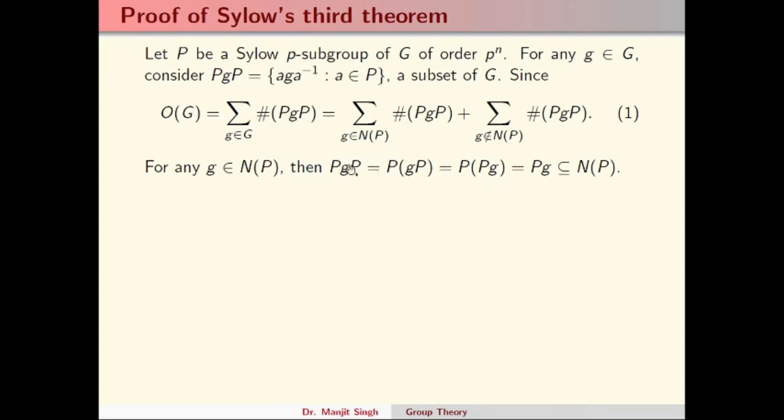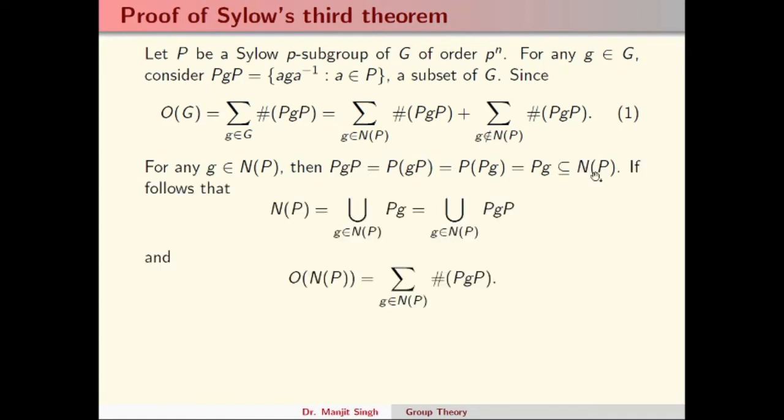It follows that, as we know P is a subgroup of N(P), N(P) can be written as a disjoint union of the right cosets of P with respect to elements of N(P), and this Pg is the same as PgP, as we have seen here.